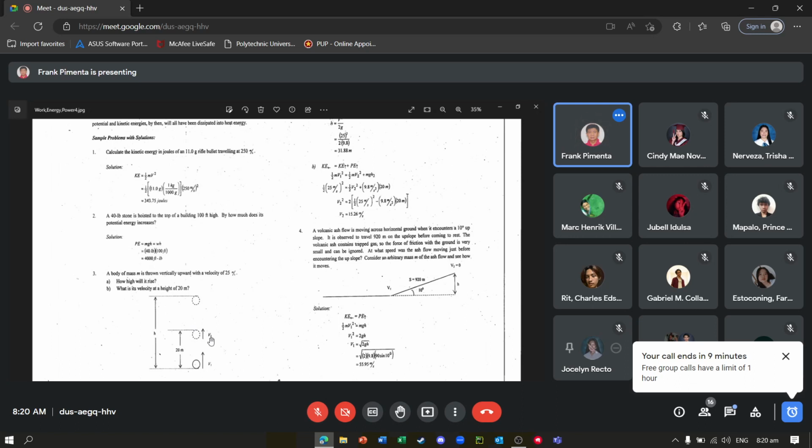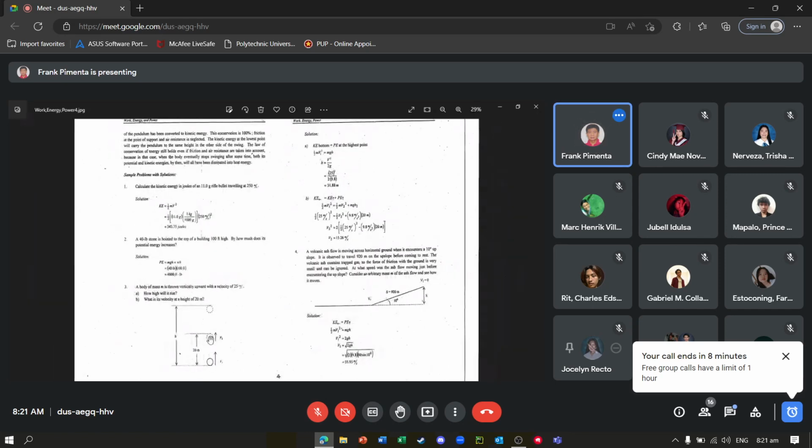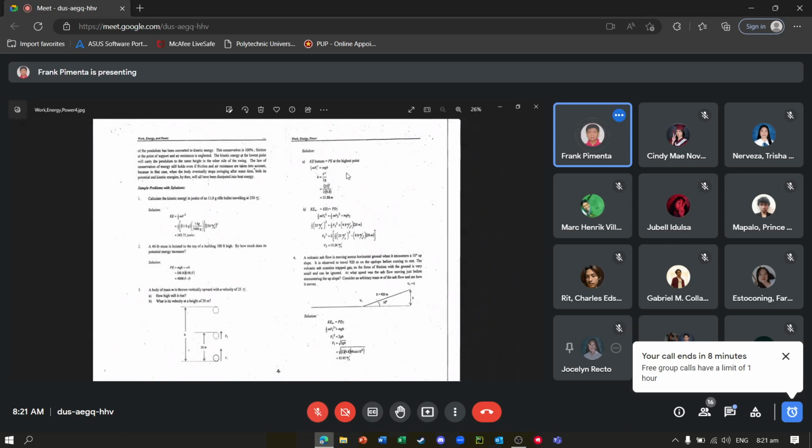Now, by just looking at the figure, since the height is 20 meters, there is potential energy. And since the body is moving, having a decreasing velocity between 25 and 0, there is velocity. Therefore, there is also kinetic energy.